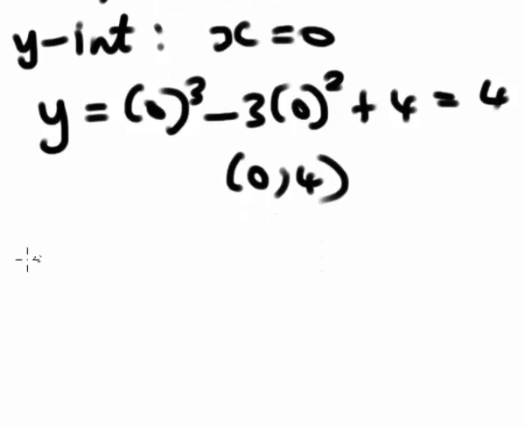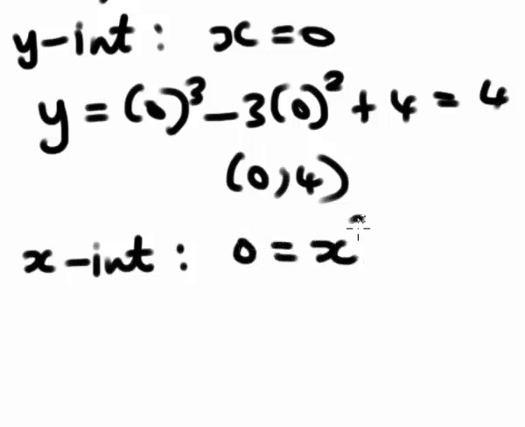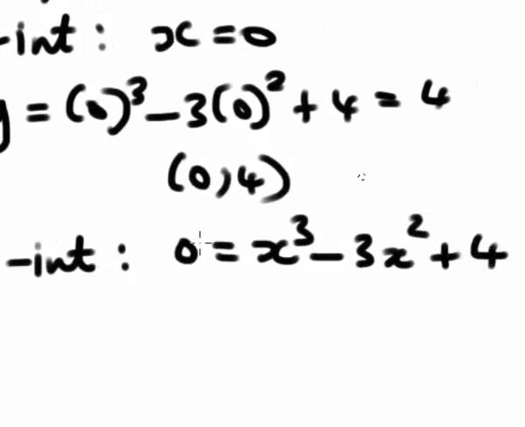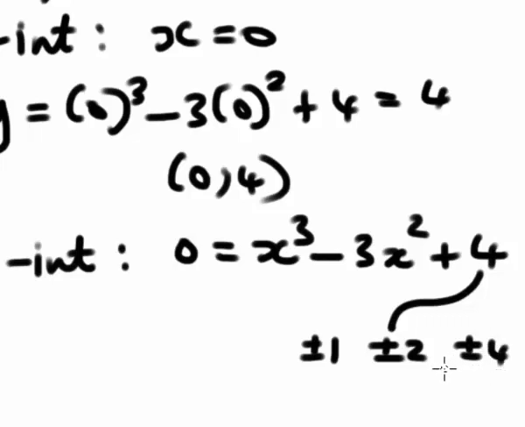Now the x-intercepts, this is where that work on the cubic equation comes in. We let y be equal to 0. And then you've got a good old cubic equation to solve, like we did in previous lessons. Remember, you test certain factors of 4: plus minus 1, plus minus 2, or plus minus 4, and you've got to find a solution testing those.